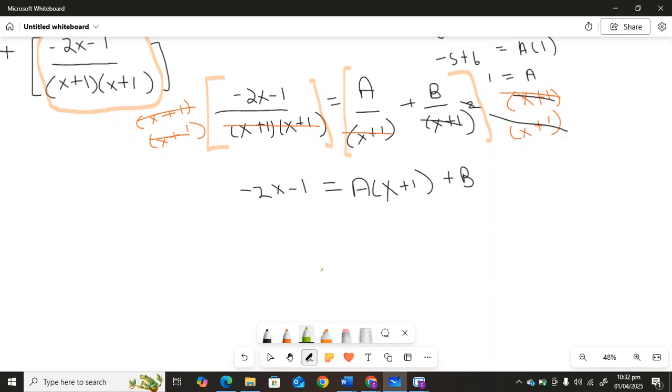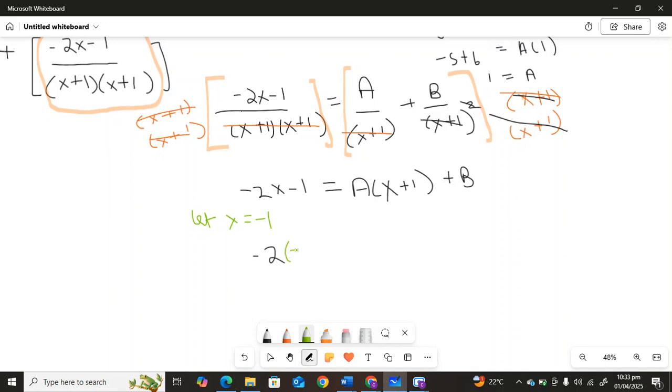Okay, how we get rid of a? We just need to make what's in these brackets 0. Once we make that 0, we've got rid of a. So we're going to say let x equals -1. When we equate x to -1, here in this bracket we'll have a 0 and we get rid of a. So everywhere you see an x, substitute with a -1.